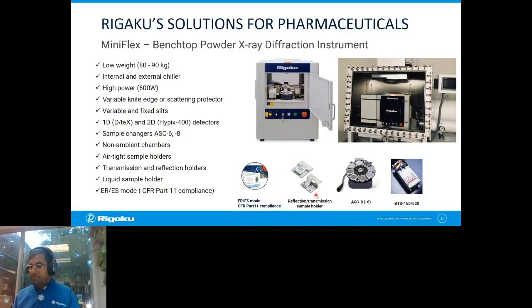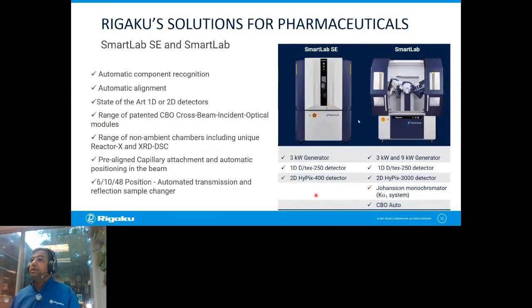So it's shown here. Rigaku's SmartLab SE also provides a number of solutions: automatic component recognition, automatic alignment, state-of-the-art 1D and 2D detectors, a range of patented CBO cross-beam incident optics modules, a range of non-ambient chambers, including the unique Reactor X and XRD-DSC, pre-aligned capillary attachment and automatic positioning of the beam.